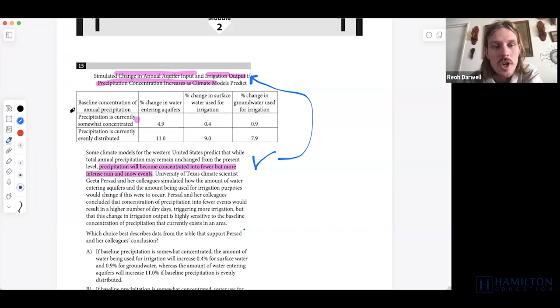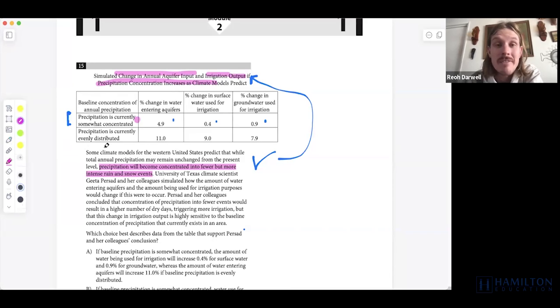All right, so places which are already concentrated, by getting more concentrated, have more water entering our aquifers, a little bit of an increase in water used for irrigation, and a little bit of increase in groundwater used for irrigation. So the more concentrated we get, we will have marginal increases in aquifer use and recharge.